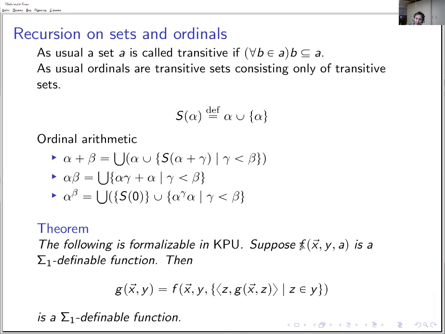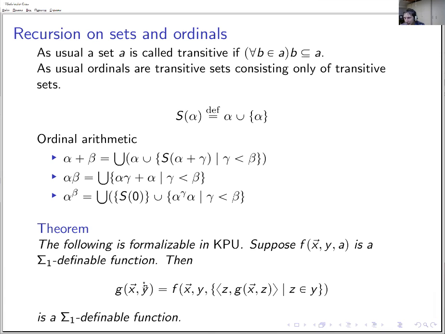Given some function f with maybe a bunch of side parameters x, argument y and argument a, we define a function g, now without parameter a, by recursion. The value on a given y is f applied to the graph of g restricted to the set y.